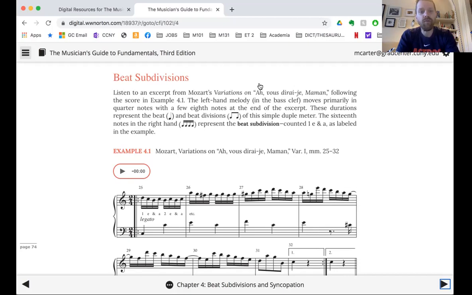So up till now, we've basically been using the words division and subdivision more or less interchangeably, or at least I have on some of these videos. We've used either one to mean how a certain rhythm or a certain duration is divided into shorter durations.